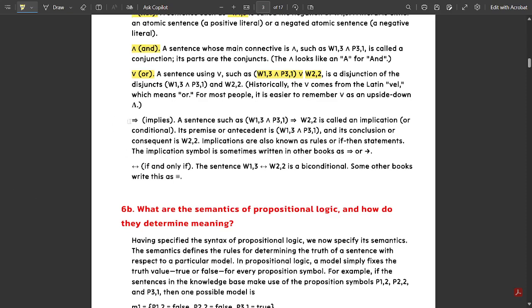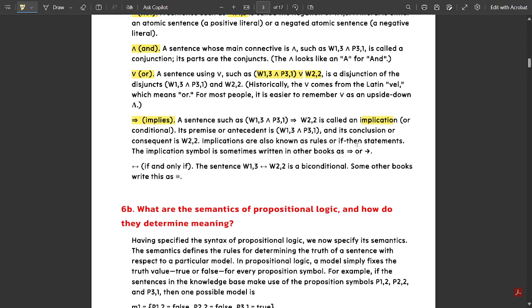Next is this symbol, that is implies. A sentence such as W1,3 and P3,1 implies W2,2 is called an implication, or conditional. Its premise or antecedent is W1,3 and P3,1, and its conclusion or consequent is W2,2.